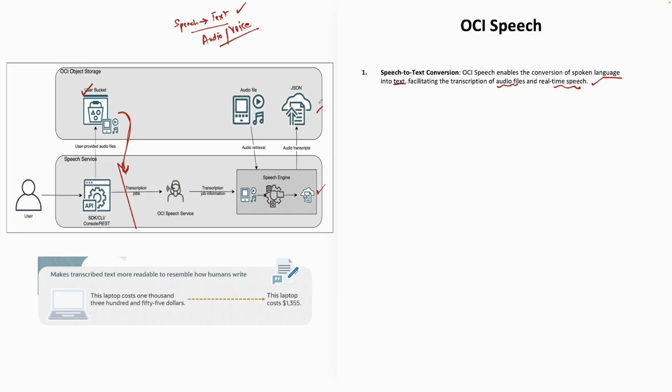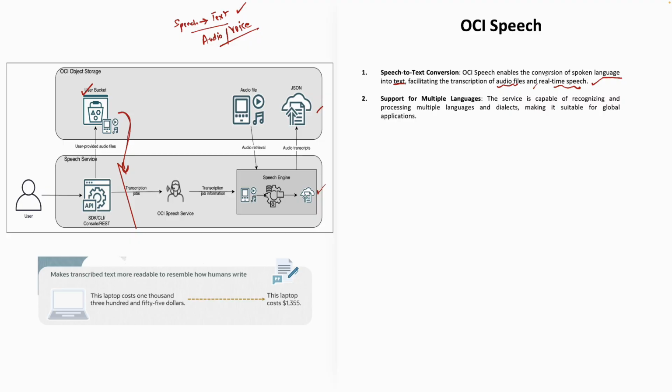The other way is real time. Real time means that as I'm speaking, it is able to generate text out of it. So this is the real time side of things. The other side is where you have stored your audio file somewhere and you're utilizing that.